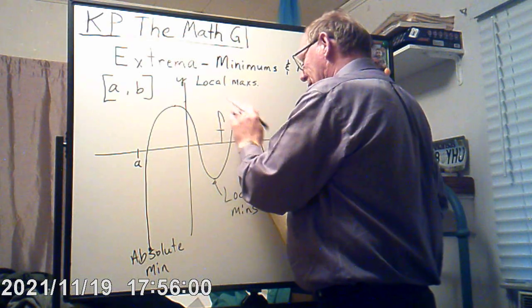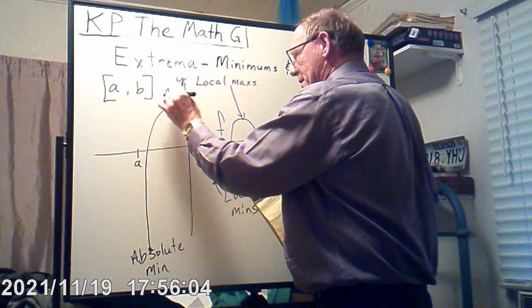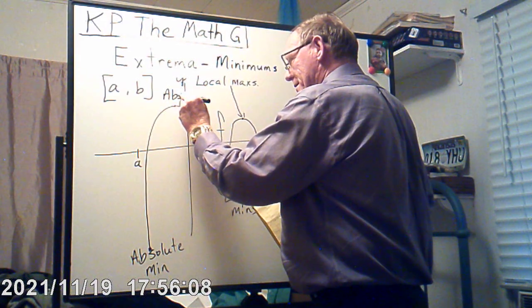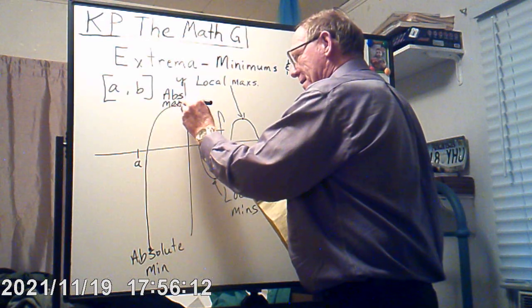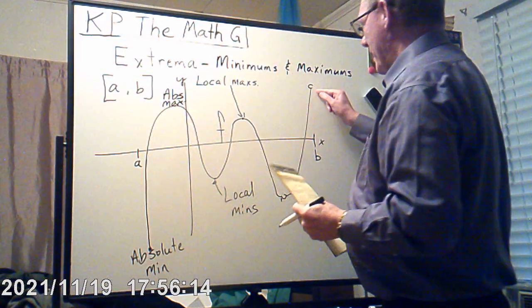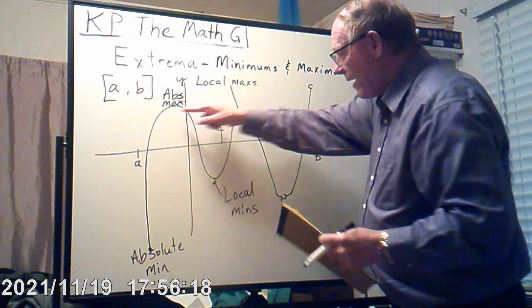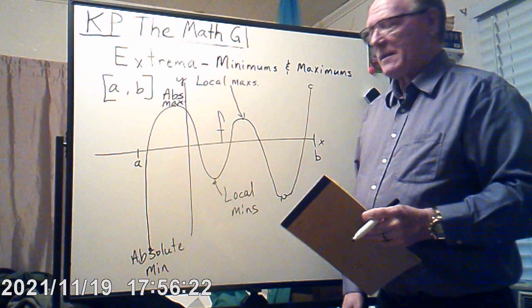This is still a local max right here, but this would be your absolute max. Now this is not even a max here. This is higher than this, but this is not an absolute max anymore.